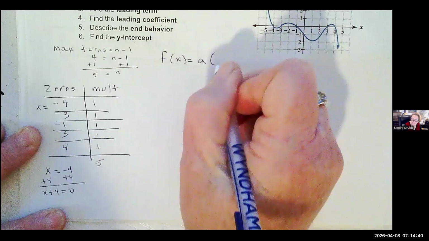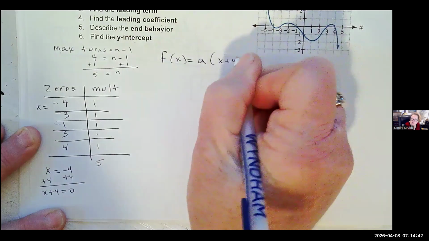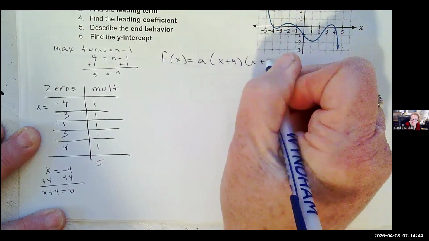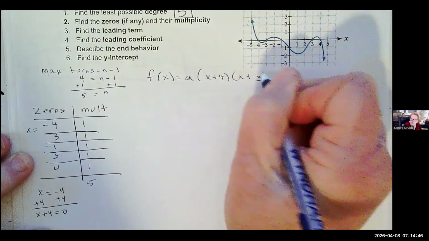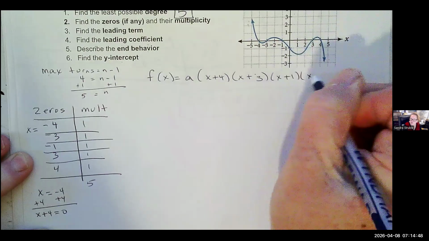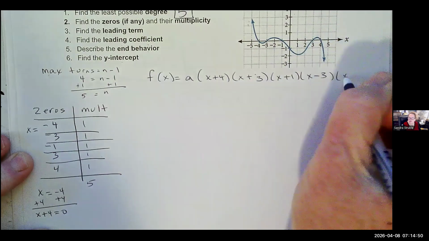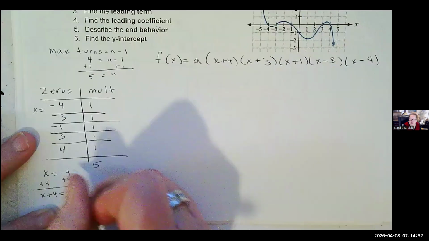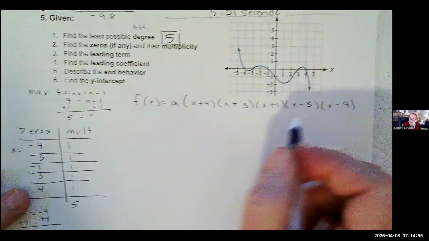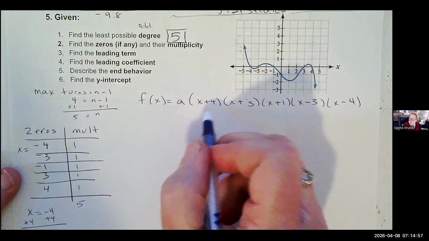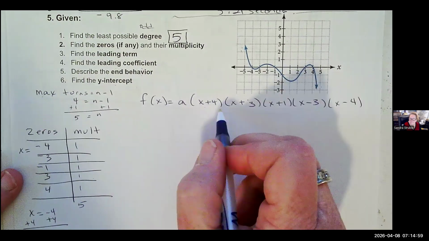We're going to have 5 of them. x plus 3, x plus 1, x minus 3, and x minus 4. If you do that for each one of these, that's what you're going to get. So this tells me 1, 2, 3, 4, 5. I got my degree. Oh, I have a y-intercept here of 0, negative 1.